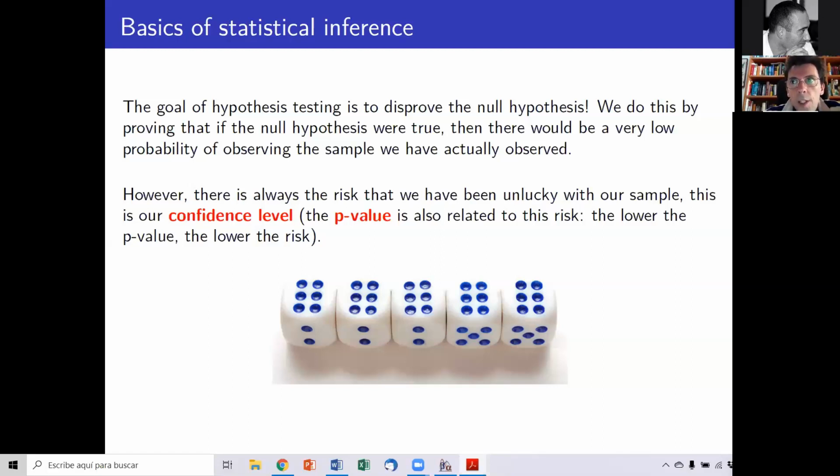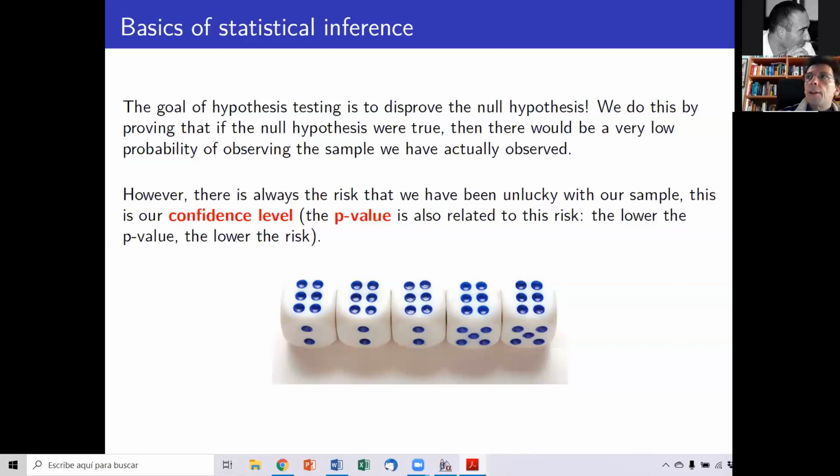So having all 6s is really unlikely if the dice are not biased. So this is the p-value. The p-value is, if the null hypothesis is true, how likely it is to observe this result or something even more extreme than that. And we will see later another example that I think will become more clear.